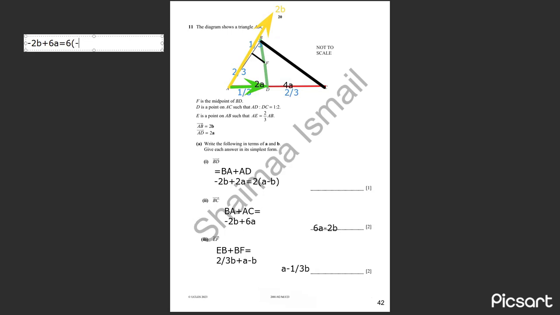Negative 1 over 3 b, plus a, which we can flip and write as 6 multiplying by (a minus a third b), and it's a multiple of EF, so they are parallel. Now we have proved that they are parallel.